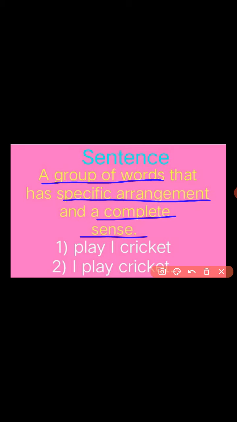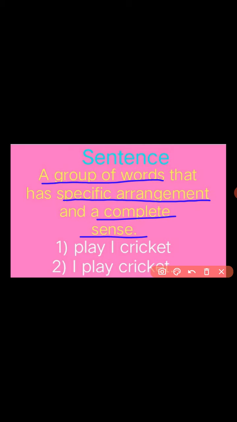So a sentence should have a group of words. Next, whatever words are used in that group should be arranged properly with a specific arrangement, and it should give out a complete sense, complete meaning, proper meaning.